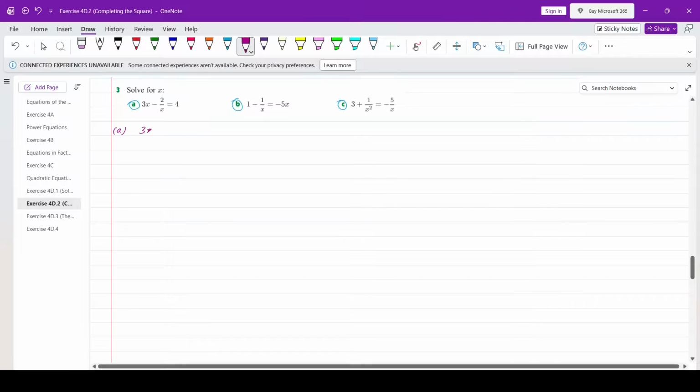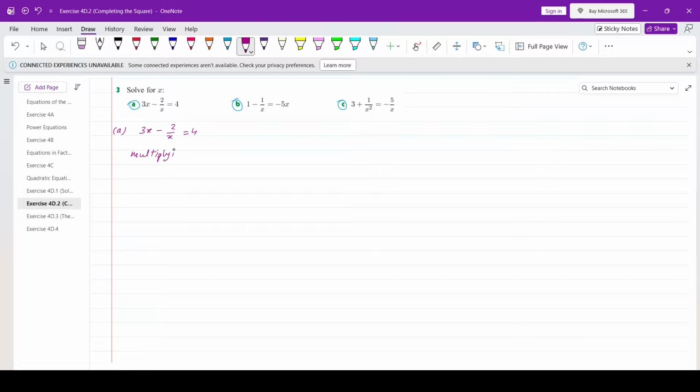A. 3x minus 2 by x is equal to 4. So multiplying both sides by x, we get 3x square minus 2 is equal to 4x.